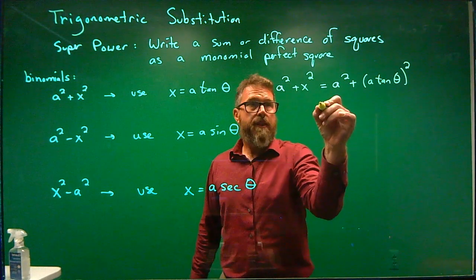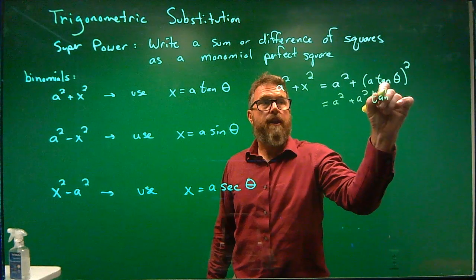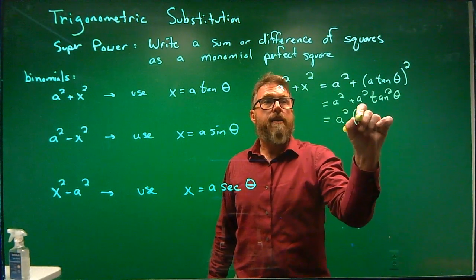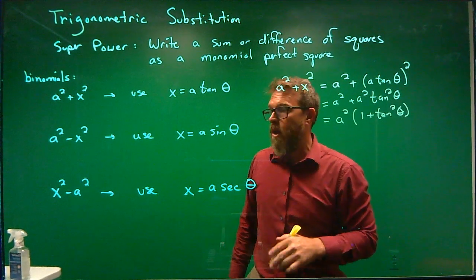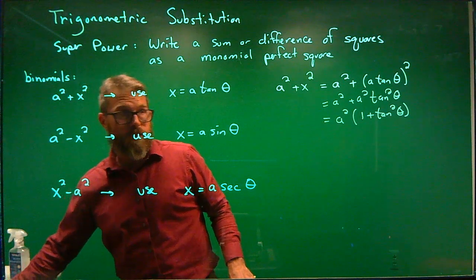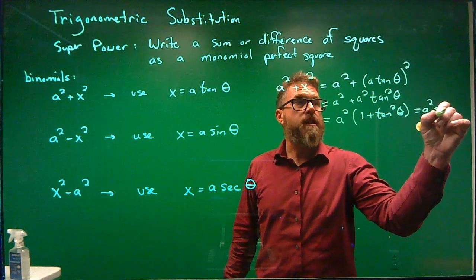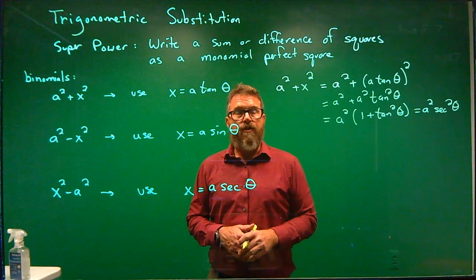Simplifying, I have a squared plus a squared tangent squared of theta. We factor out our a squared, and I get 1 plus the tangent squared of theta. And what I know through a Pythagorean identity is that that is nothing more than the secant squared of theta. So this is equal to a squared secant squared of theta, or a secant of theta quantity squared.